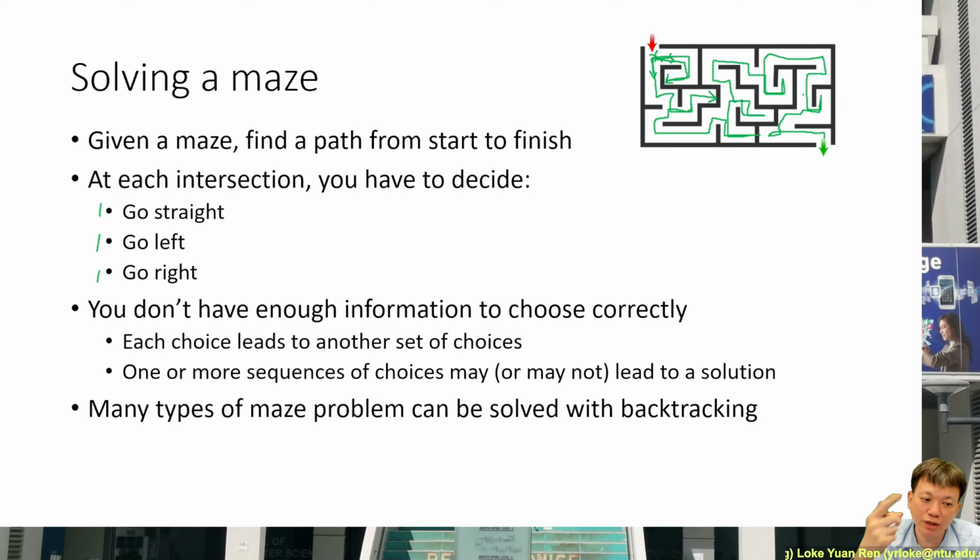Eventually, if there's a solution, you will find it. In the worst case there's no path for you to get out of this maze. You keep trying, and when you cannot find any path further and you backtrack to the starting point, that means you still cannot find a path to reach the destination. That means this maze has no solution.